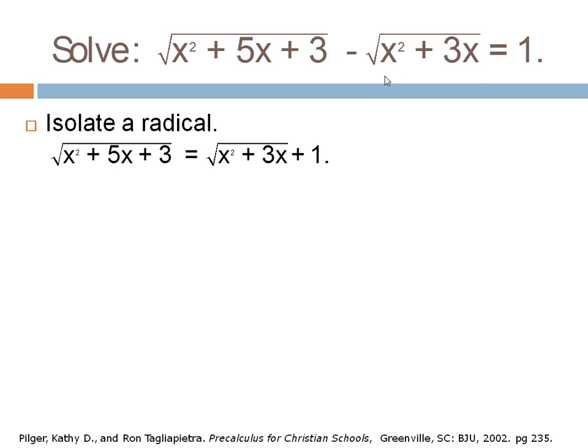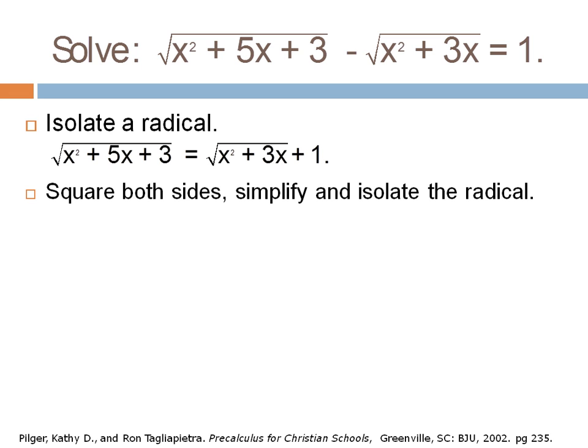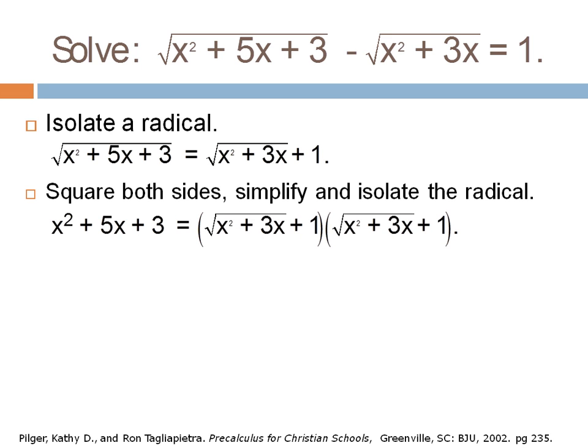Now we're going to square both sides. Squaring the left side's easy. Squaring the left side, it would cancel with the square root, so you're left with x squared plus 5x plus 3. Squaring the right side, we're going to have to multiply that out. So this whole thing squared means it times itself. You do this distributive property. So this times this would be the square root of x squared plus 3x squared.